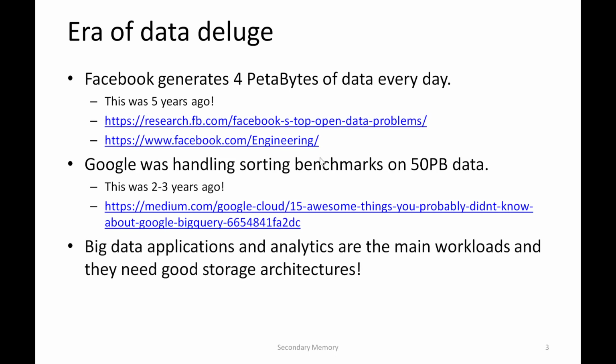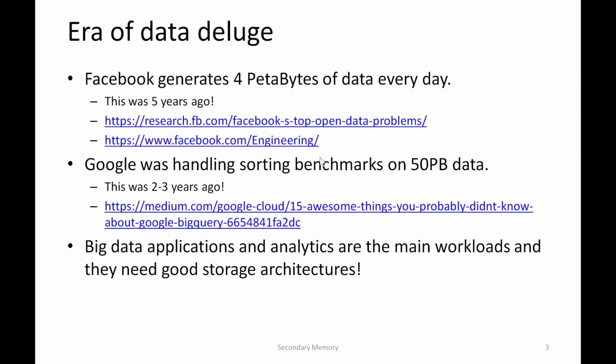All such applications which deal with huge amounts of data are called big data applications, and in the current era we have big data analytics, data mining, and even the current machine learning and AI algorithms need to be trained and tested on huge amounts of data.